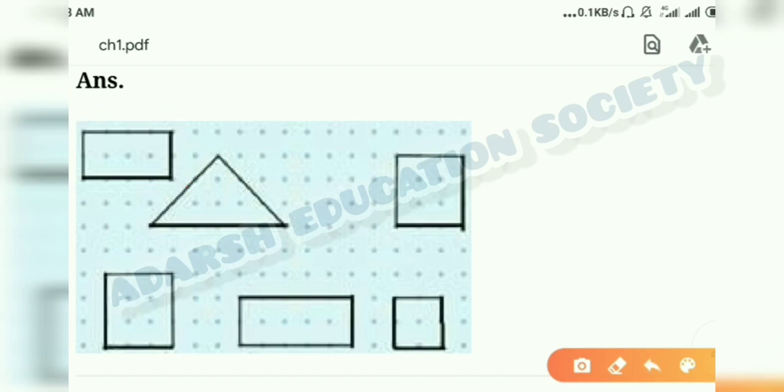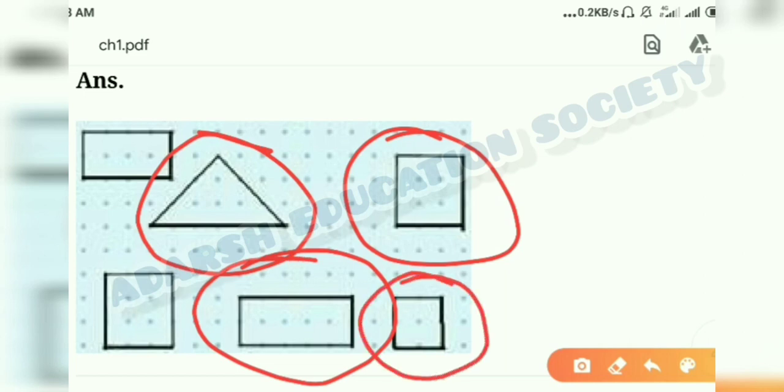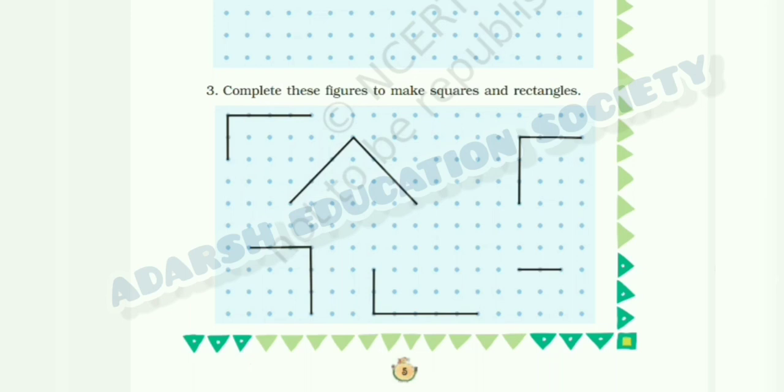Now second shape triangle, third shape square, fourth shape also square, fifth shape rectangle, and last one when we complete the line, this makes square. Okay children? So these are different patterns you can make with dots.